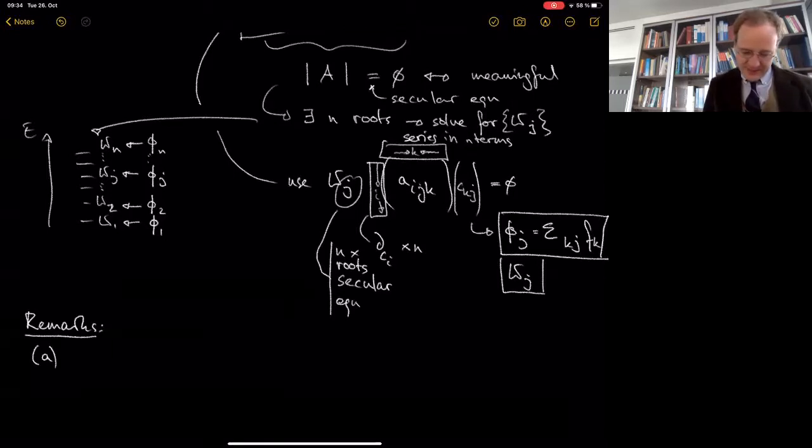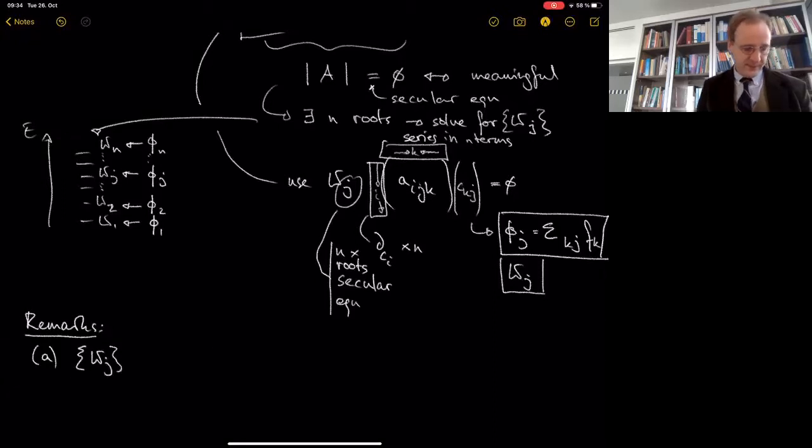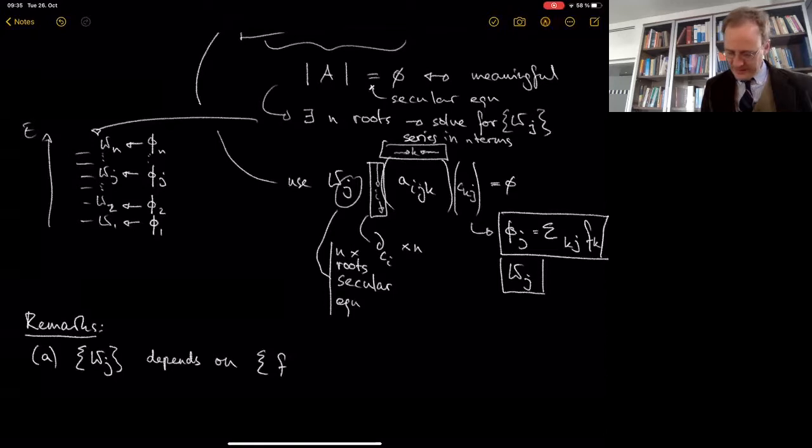So your set of energies, it depends, j, it depends on your set of basis functions.